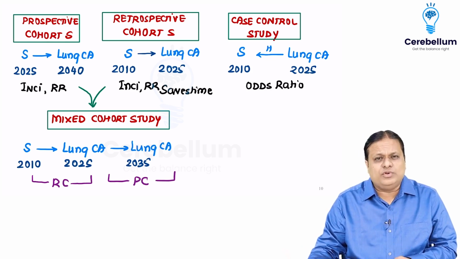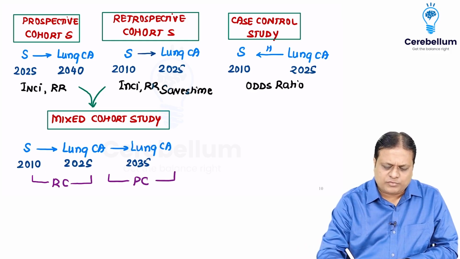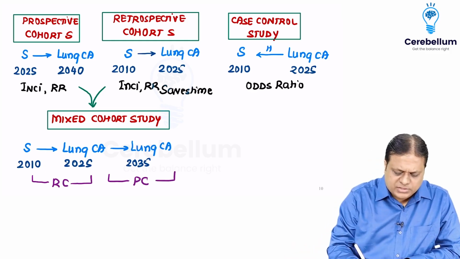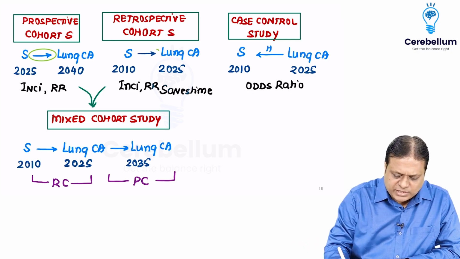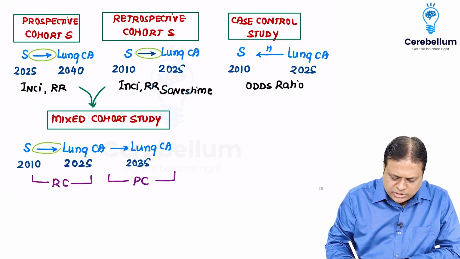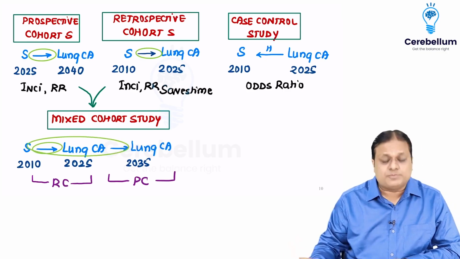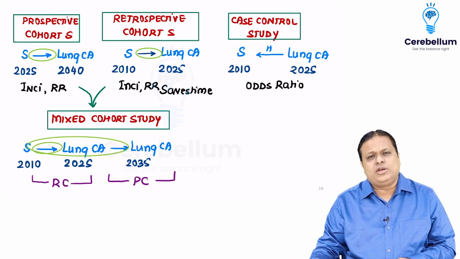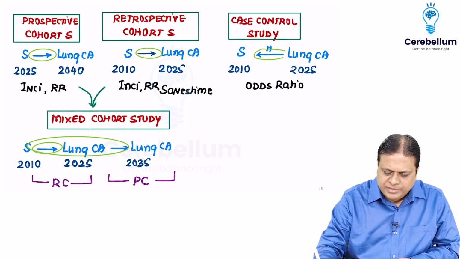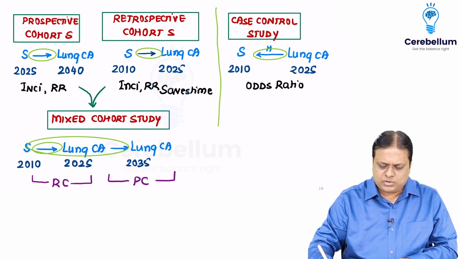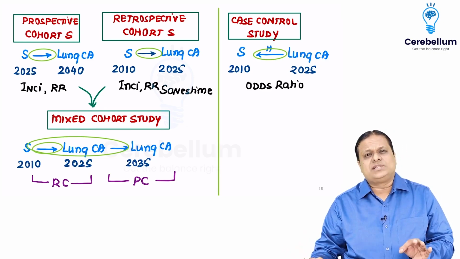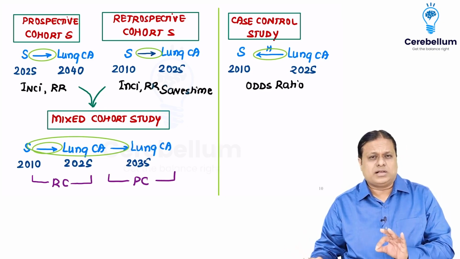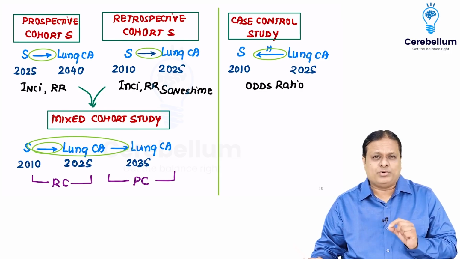Now if you notice carefully, what is the hallmark of a cohort study? It is always in a forward direction. Exposure to outcome. The moment it goes in a backward direction, it becomes a case control study. So the cardinal hallmark of a cohort study is forward direction, temporality.